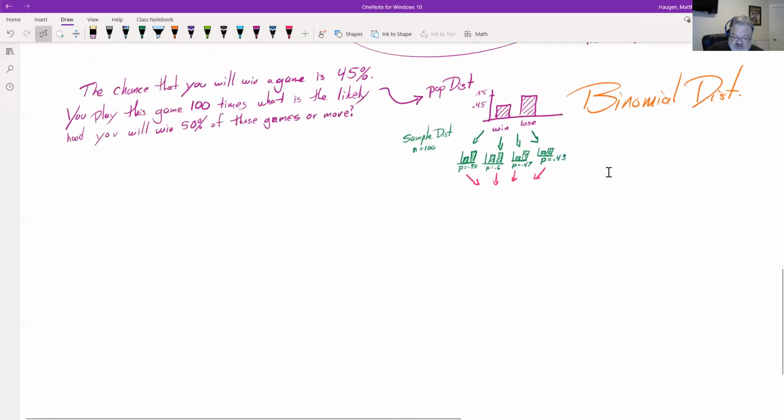Here we have a bunch of sample proportions, but we're still going to make a distribution of proportions. So this is still a sampling distribution, just this time, it's of proportions.